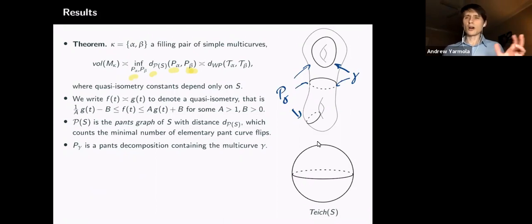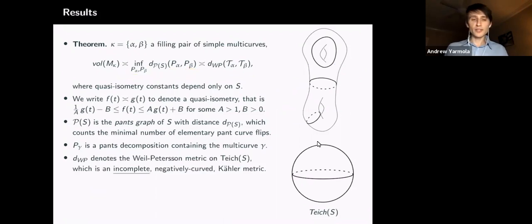Now that's a bit of an odd metric, and it's kind of hard to understand. So one way to make it a little more geometric is to look at this Weil-Petersson scenario. Now, what do we mean by this right-hand side? Many of you might not be familiar with the Weil-Petersson metric, but let me say a few words about it. The ball down here is representing Teichmüller space, which is the space of all, let's say, marked conformal structures on S, or if you want, hyperbolic metrics as well.